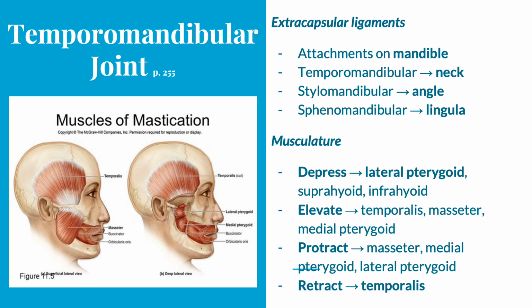So even just clench your teeth and feel your temporal muscle, and as you're trying to pull that mandible back, like you're chewing or clenching your jaw, you can feel that temporalis flare up. So that's going to be responsible for that retraction. Every other muscle is going to act to protract the jaw. And then for depression, know that your lateral pterygoid is going to depress the jaw, and then suprahyoid and infrahyoid. You're good to go.